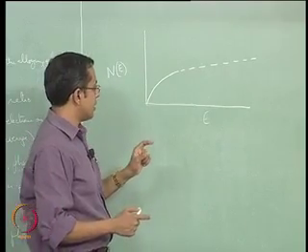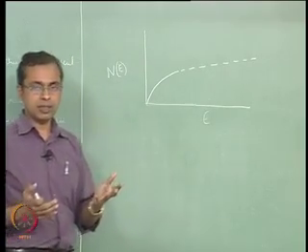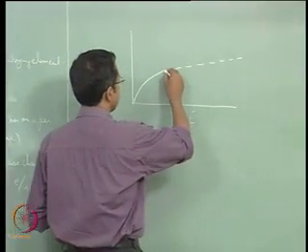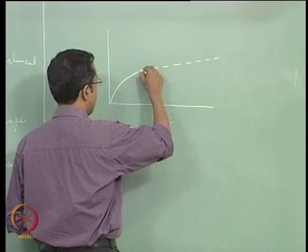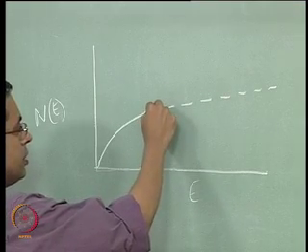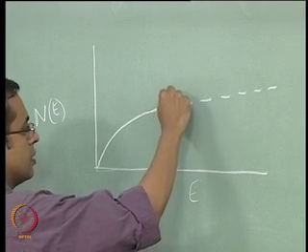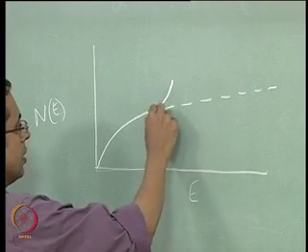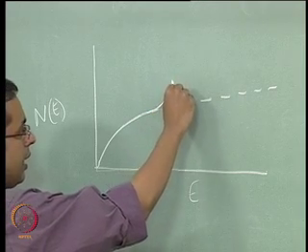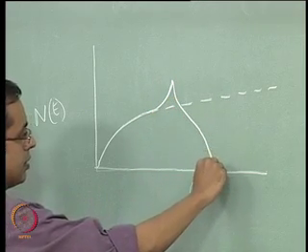Now given that the E versus K relationship distorts at the Brillouin zone boundaries, and the fact that at higher temperatures it is not going to abruptly drop to 0, you see a behavior that looks like this. It is like a free electron parabola up to some point, then it distorts from there and it comes down like this.